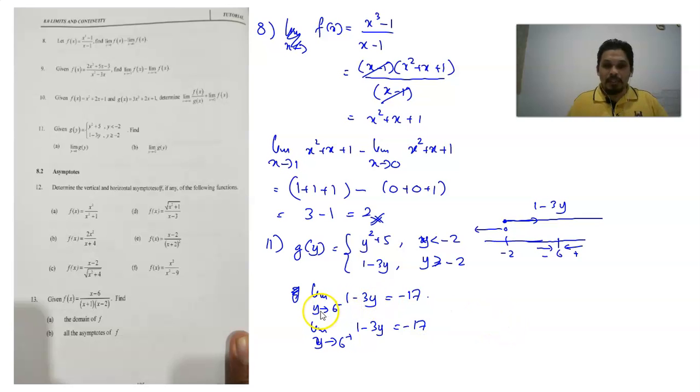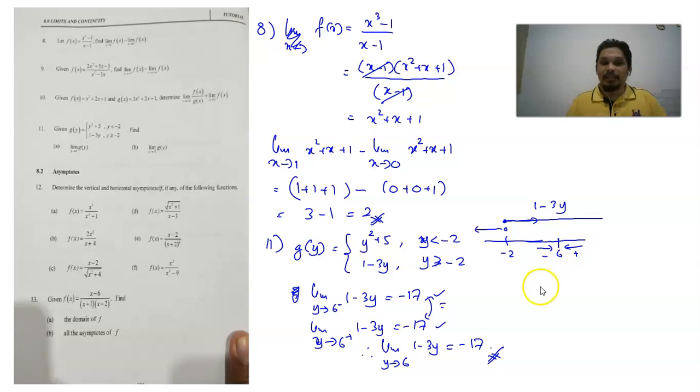So the limit from the left exists, the limit from the right also exists, and the limits are equal. So we come to the conclusion that the limit of y approaching 6 in general, for the function 1 minus 3y, equals negative 17.